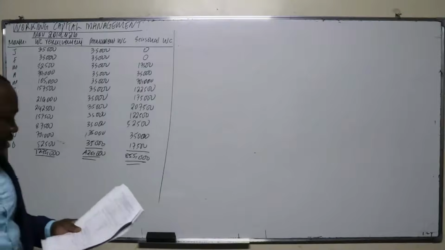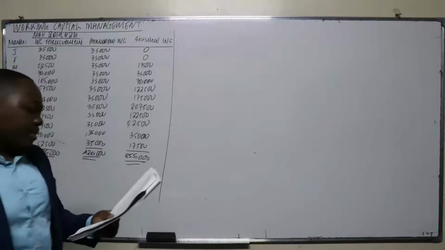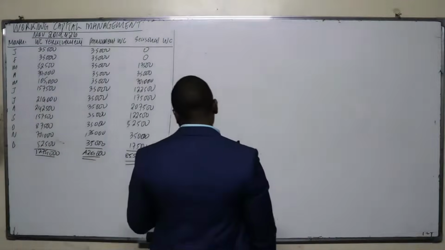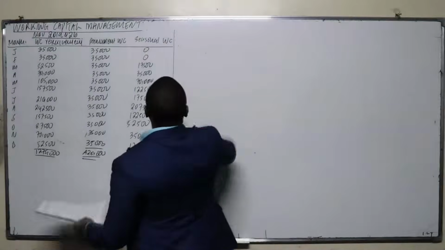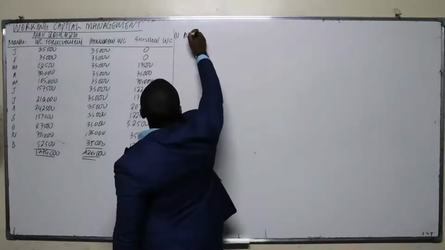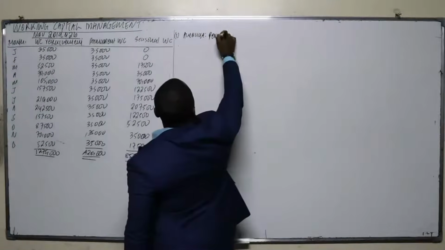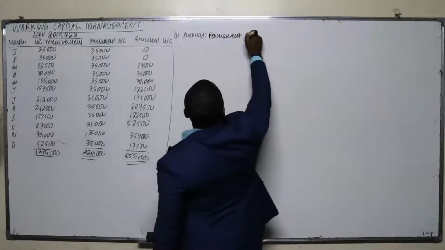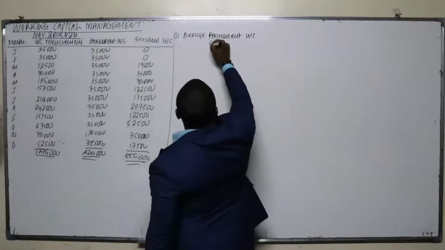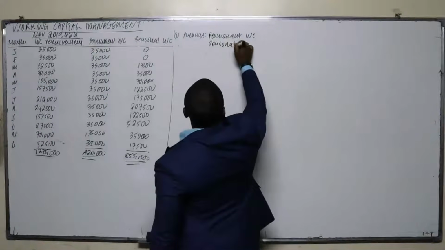Required number 1, the average monthly permanent and seasonal working capital requirement for the company. We want monthly.